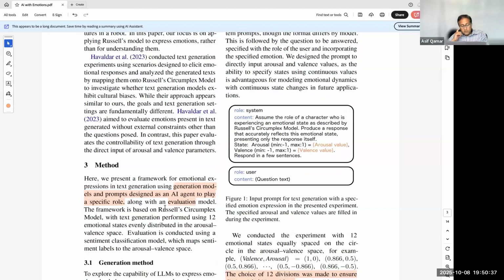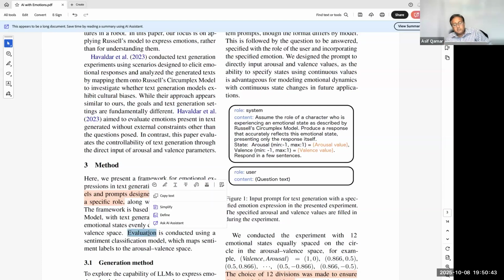Okay, so the paper gets complicated when you read about evaluation. It's easy to visualize now. By now, we know how to specify the Russell's model in the LLM and then see the result, right? But how do we know that it's actually working?